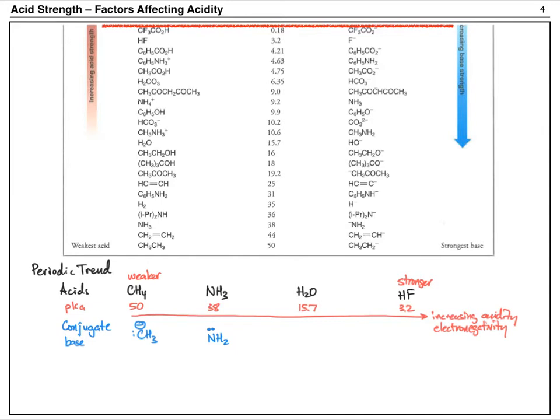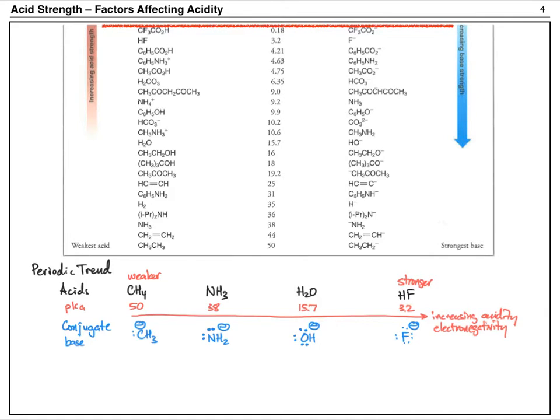Ammonia starts with a lone pair, and it's getting a lone pair, so it's negative. We're removing a hydrogen from water, so we're forming hydroxide. It starts with two lone pairs. It gets a third, so it has a negative charge. Then finally, we're forming the fluoride anion. That's starting with three lone pairs. It gets a fourth, so negative charge.